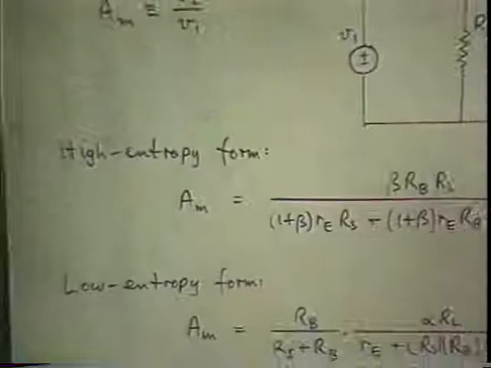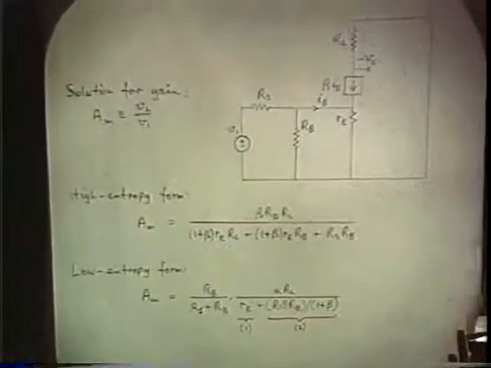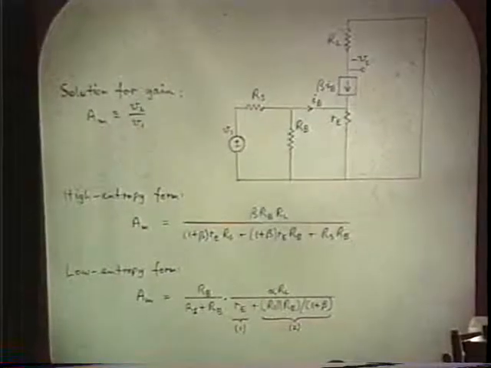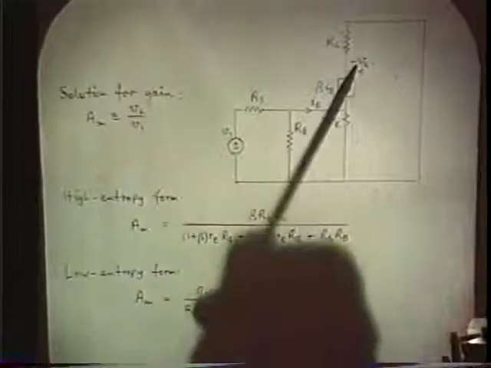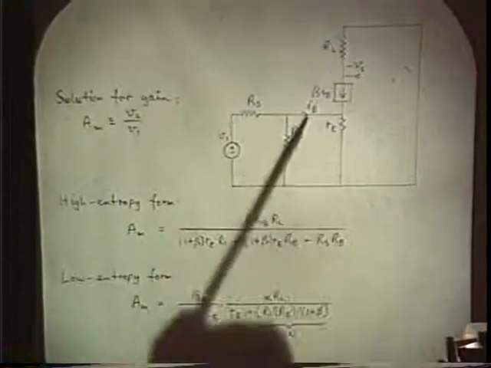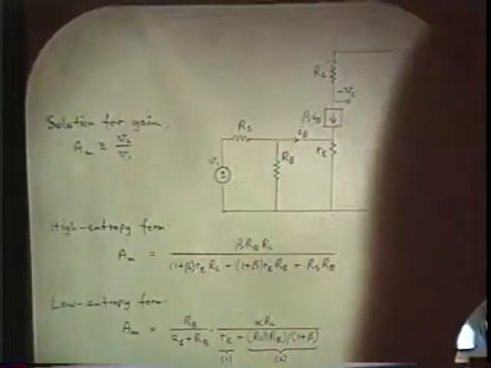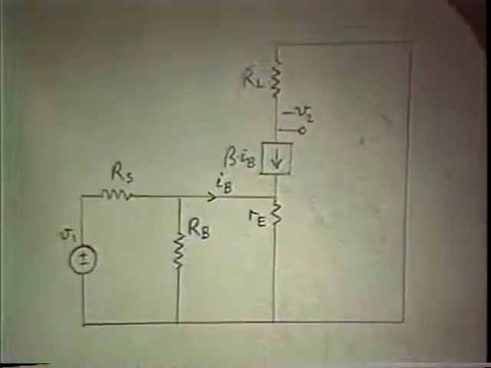There's a very simple circuit example, a linearized model of a single-stage common emitter transistor amplifier. The transistor, as usual, is represented by a small signal linearized AC model consisting of a collector current generator, beta times the base current. The RE represents the nonlinear emitter diode exponential slope resistance.